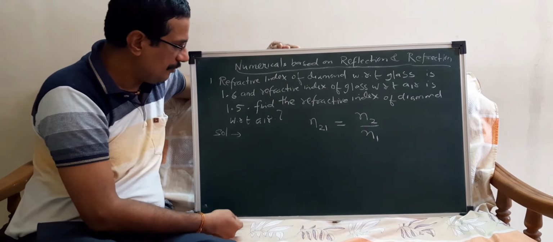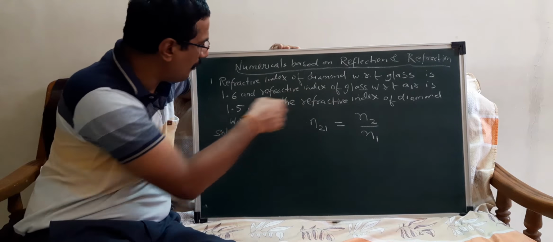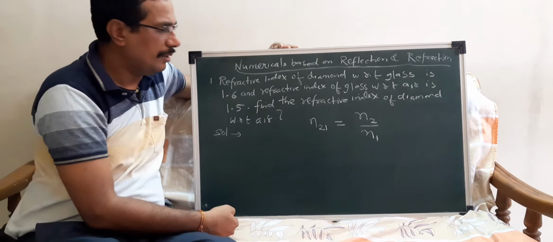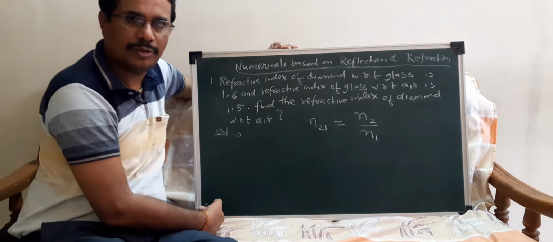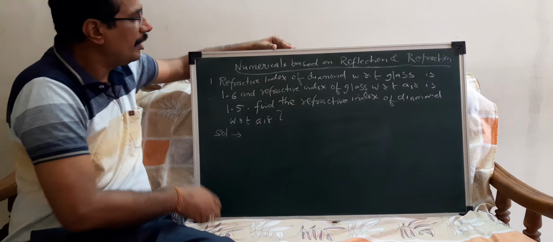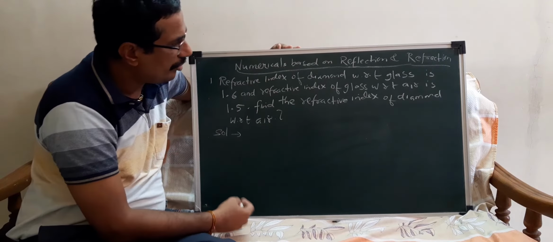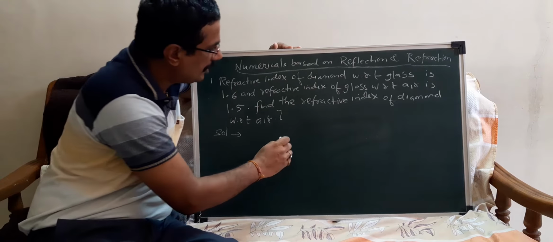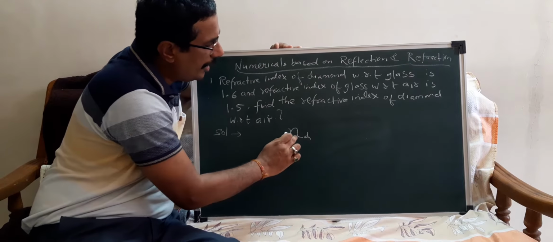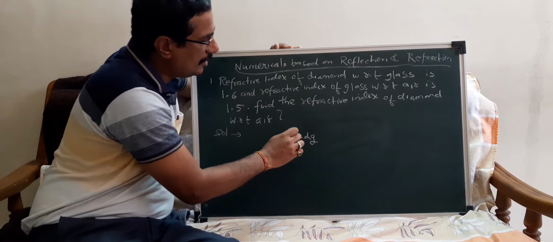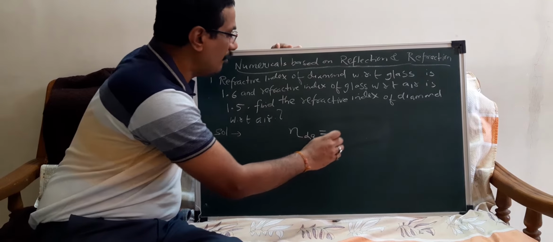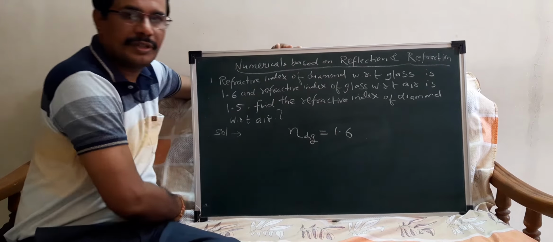Now here the question is, you have to calculate the refractive index of diamond with respect to air. So we will use this general formula and calculate the refractive index of diamond with respect to air. So how do we calculate it? Now, according to the question, it is given: the refractive index of diamond with respect to glass, that is N D G, is equal to 1.6. This is one thing.